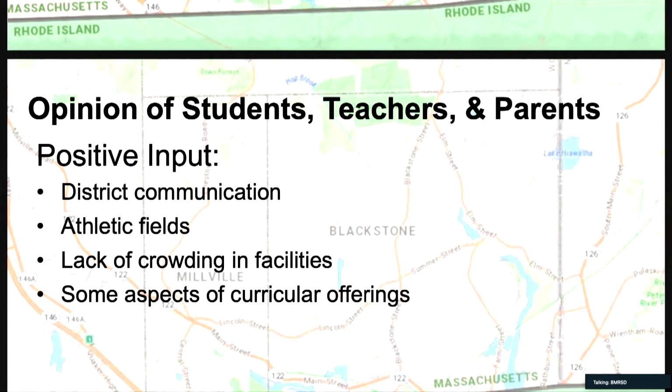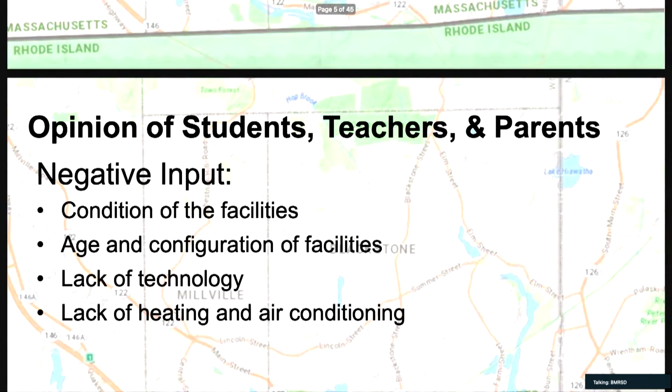So positive feedback from students, parents, and teachers was pretty uniform on the level of communication between the district and its staff and students, the athletic fields, and the lack of crowding of facilities, which kind of flatters to deceive because the schools are essentially undercrowded. So everyone feels more comfortable in a building that is working under its capacity. And some aspects of the curricular offerings, and those were the newer offerings that were looking a little bit more towards career and college readiness and trying to make a break from what was being offered traditionally.